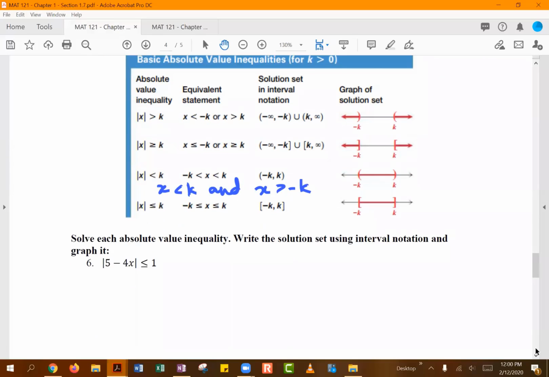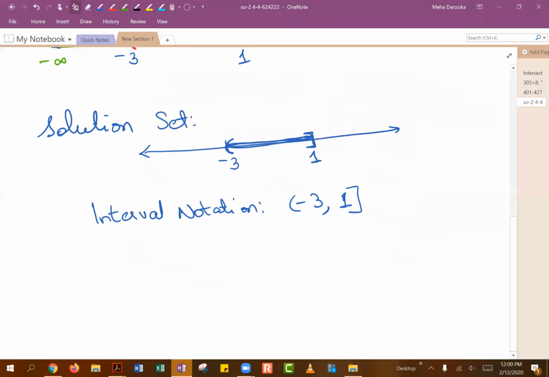Okay, so let's take a look at how we can actually solve these. And this is kind of what I'm talking about. You have two separate sections when you do the or inequality or greater than, and you have one single section when you do the less than or the and inequality. Okay, so number 6.